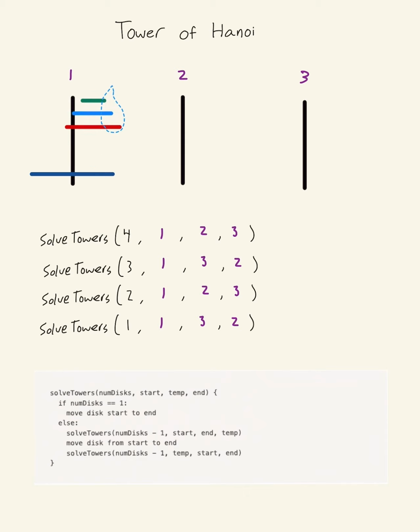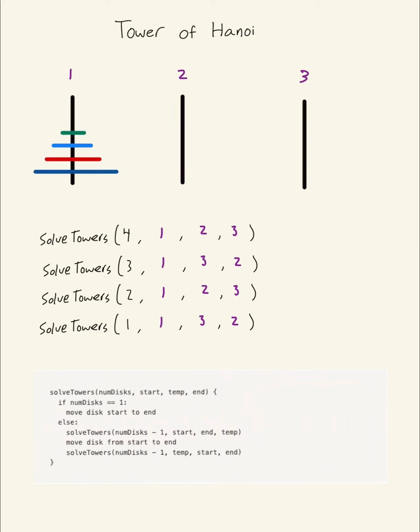And that means we have to get everything on top of it onto this temporary pole. Once we get everything onto this temporary pole, then we should be able to move this guy over here. And then once that happens, the problem becomes, how do we move all 3 of these disks over to this one? And that should complete the problem.